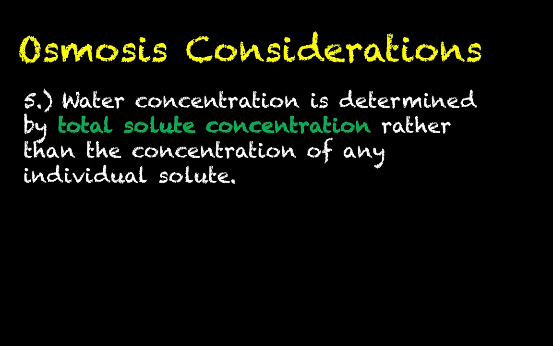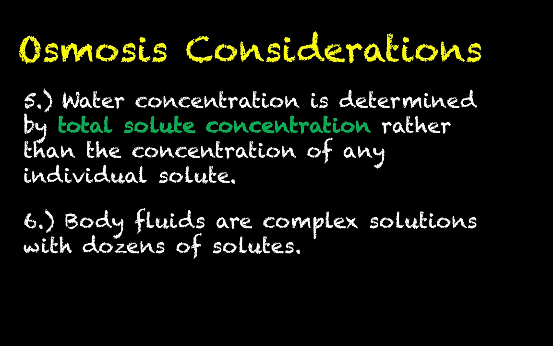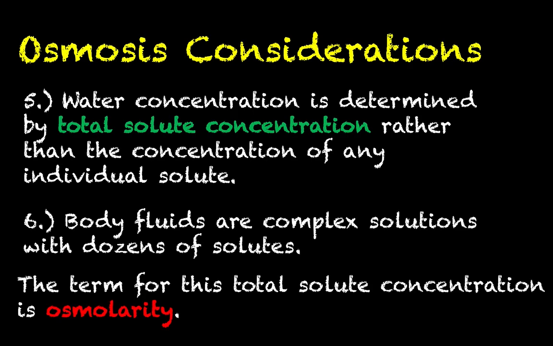Whether that solute is glucose or sodium chloride, we were only really looking at one solute. But the thing you have to remember is that in the body, our body fluids, blood plasma, intracellular fluid, etc., are complex solutions that contain dozens and dozens of different solutes that are all going to affect what the total water concentration of that fluid is.